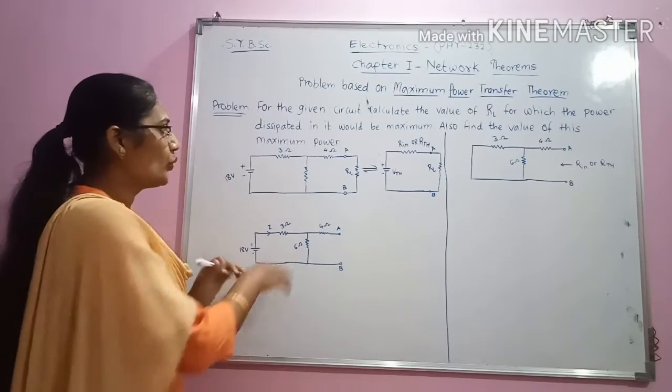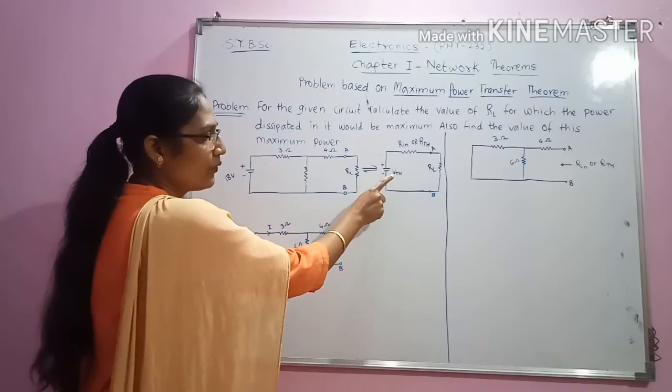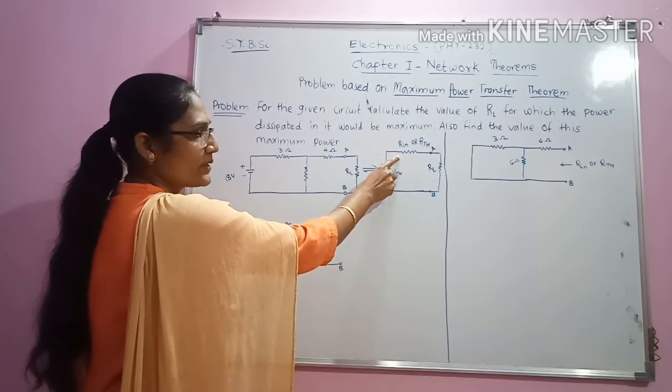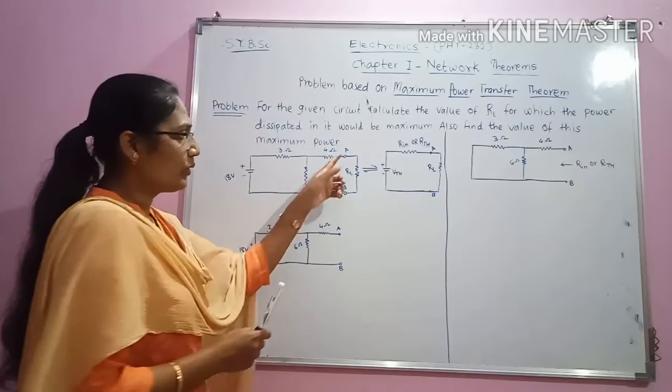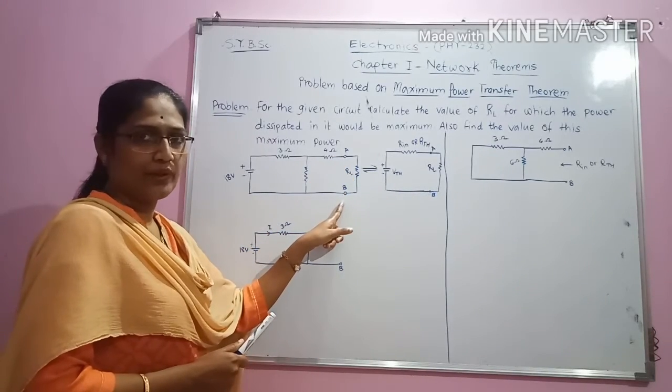It means that we have replaced this by a voltage and a series resistance, and a load resistance is placed across terminals A and B.